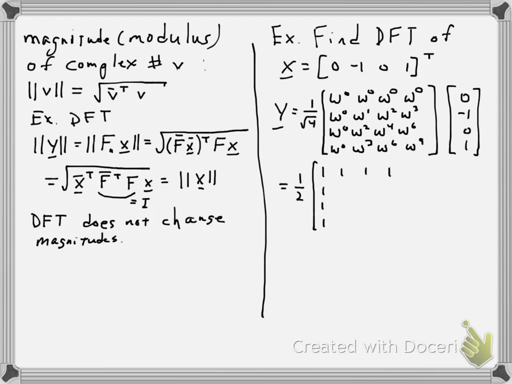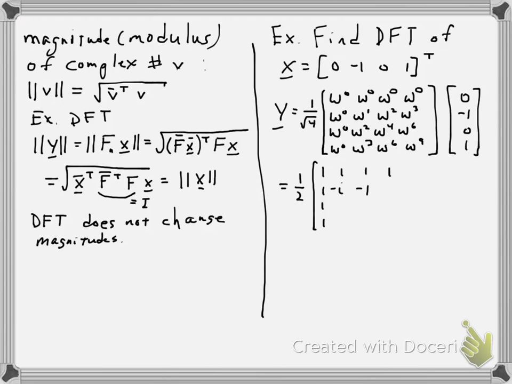And now if we go out across the second row, omega to the 1 is, in this case, omega to the minus pi i over 2, all right, which puts us on the imaginary axis at minus i, since we're going in the clockwise direction. And then if we keep going in the clockwise direction 90 degrees, omega squared, we get -1.